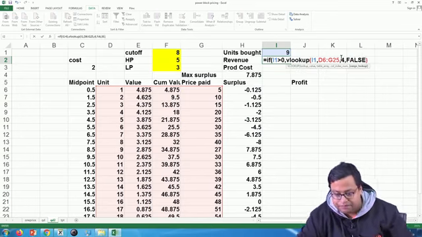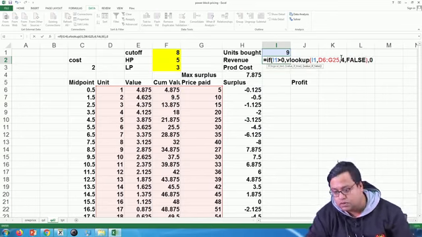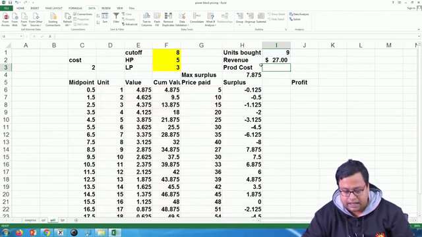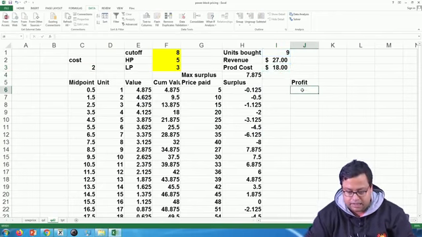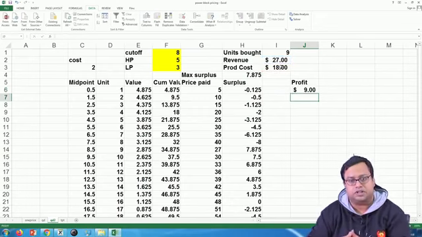And otherwise, if by chance it is not greater than 0, then 0. The production cost was as usual 9 into 2, which is 18, and what is the profit? Profit is nothing but my revenue minus my production cost.